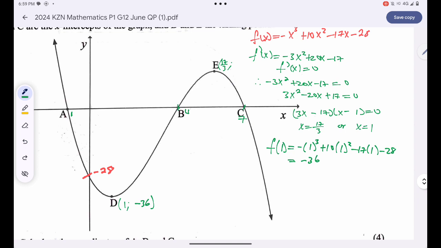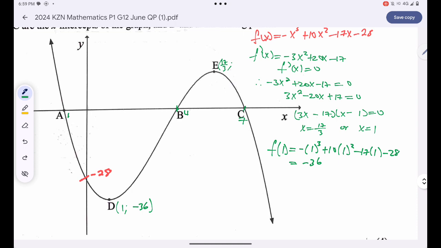Okay, let's go and find the corresponding y value for the other coordinates. I simply have -x³, that's -(17/3) cubed, plus 10x², (17/3) squared, minus 17x.